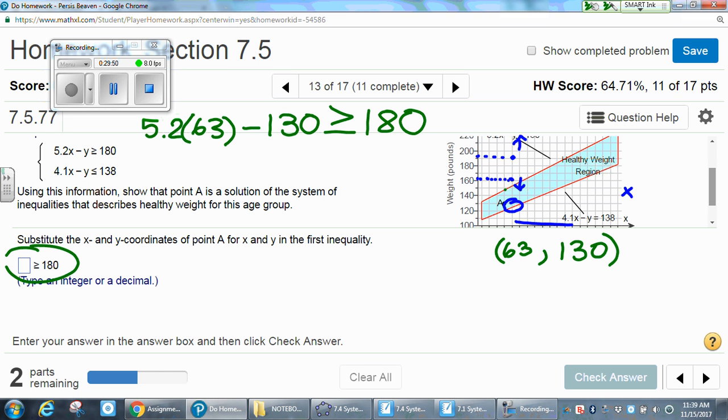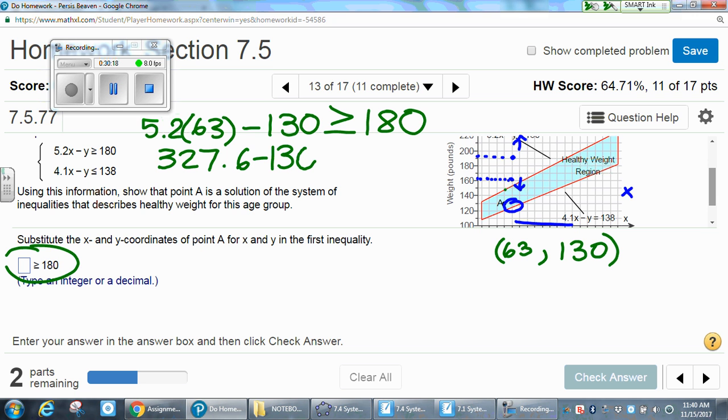So can someone multiply, please? Someone with a calculator? Thank you, Andrew. 5.2 times 63 is 327.6.